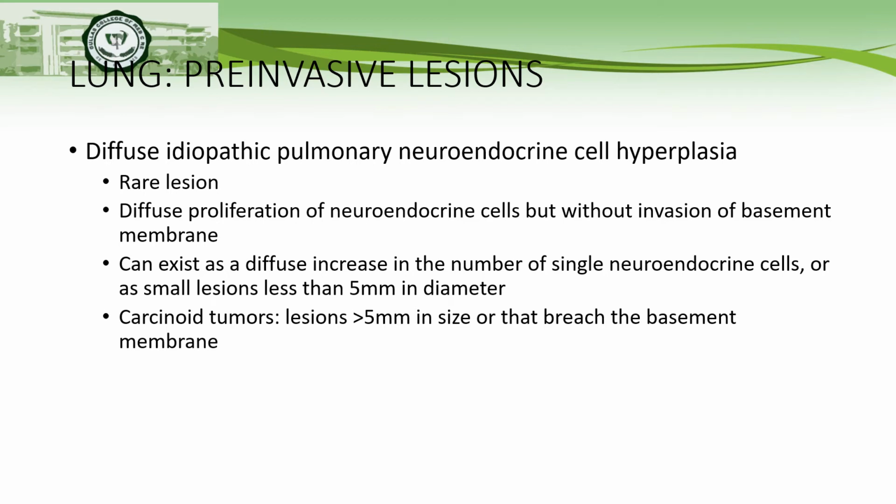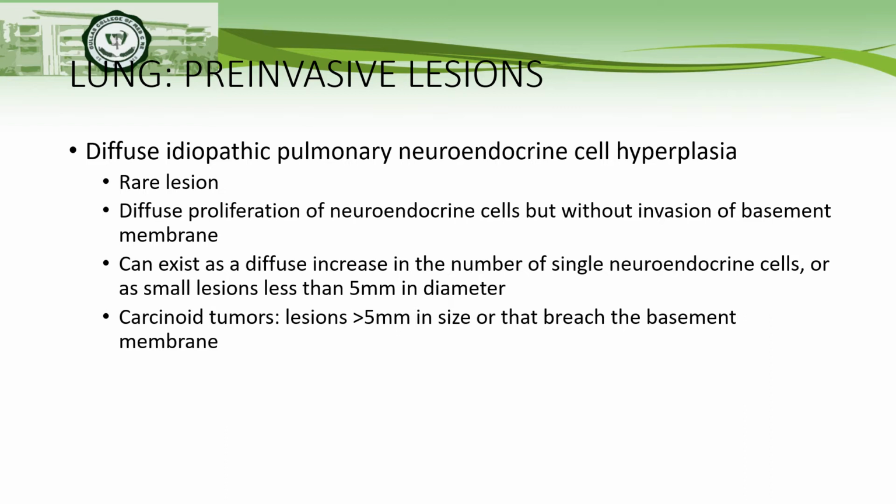The last recognized pre-invasive lesion is the diffuse idiopathic pulmonary neuroendocrine cell hyperplasia. This is a rare lesion and defined as diffuse proliferation of neuroendocrine cells but without invasion of the basement membrane.